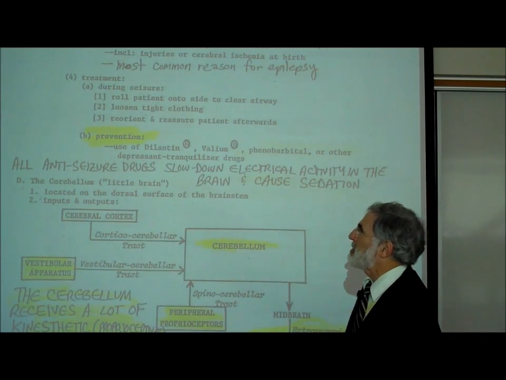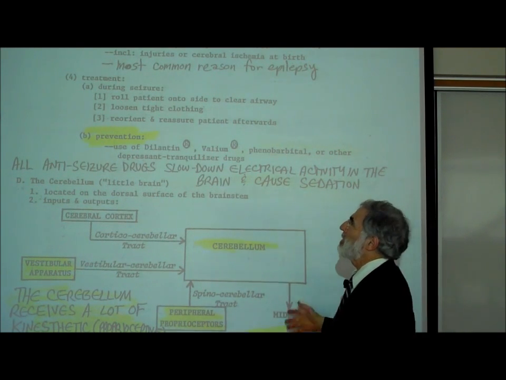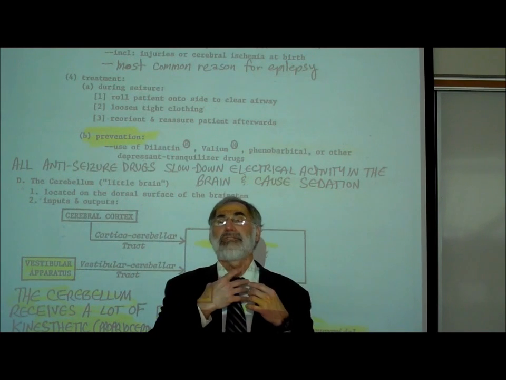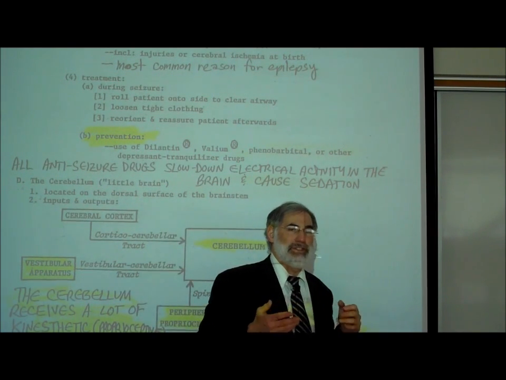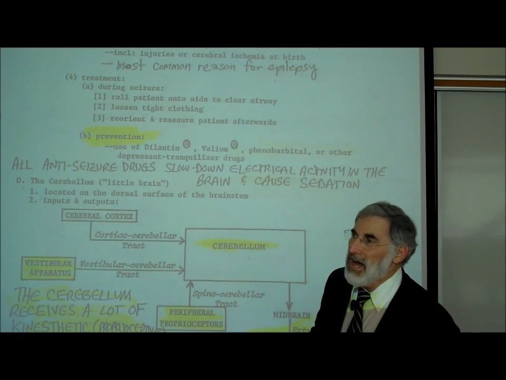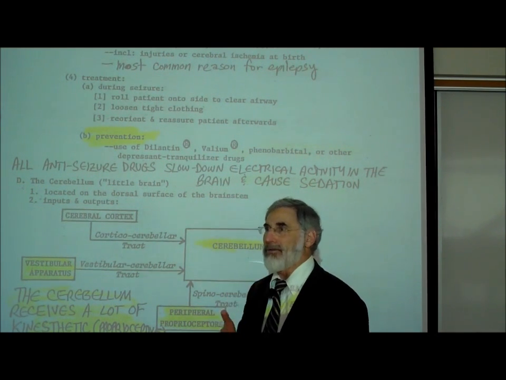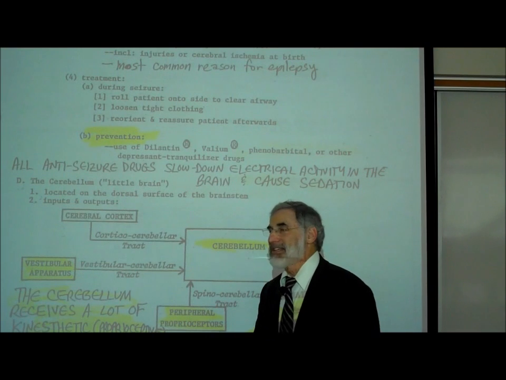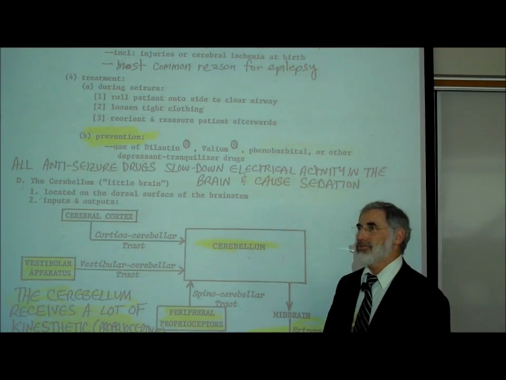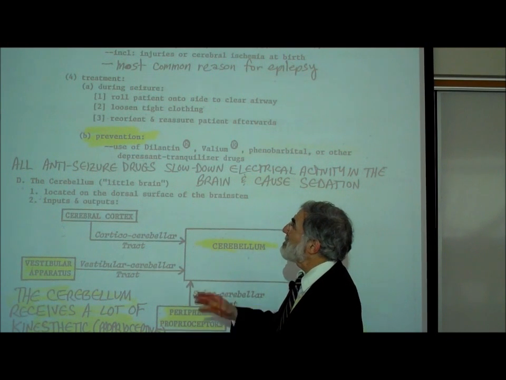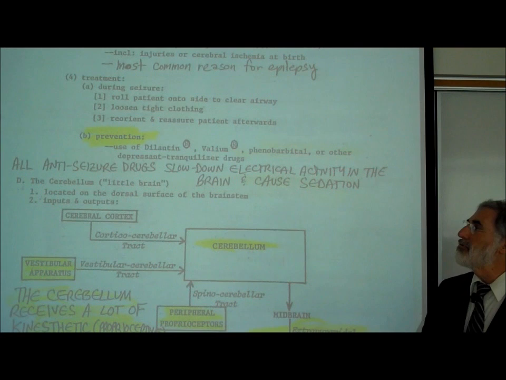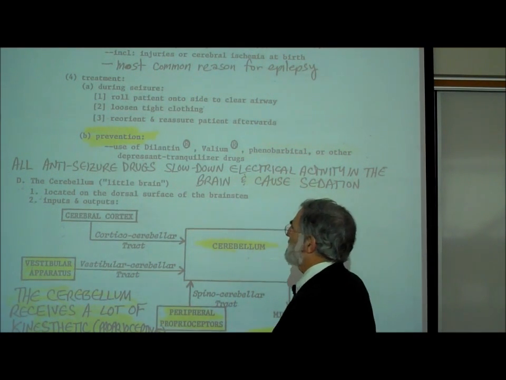If somebody is experiencing a grand mal seizure, simply loosen their tie if they have one, and make sure that they don't bite their tongue. You might put something into their mouth so they don't bite their tongue, and reassure the person after they awaken from the stupor. But the main approach towards epilepsy is preventing or reducing the incidence of epileptic seizures.